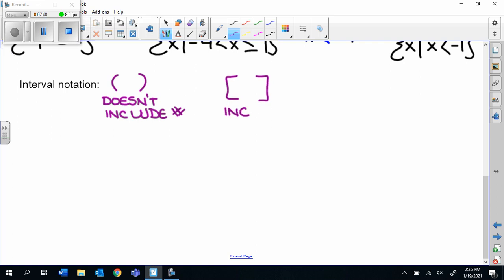So less than or equal to, greater than or equal to. And if it goes forever, we're going to use the symbol for infinity.